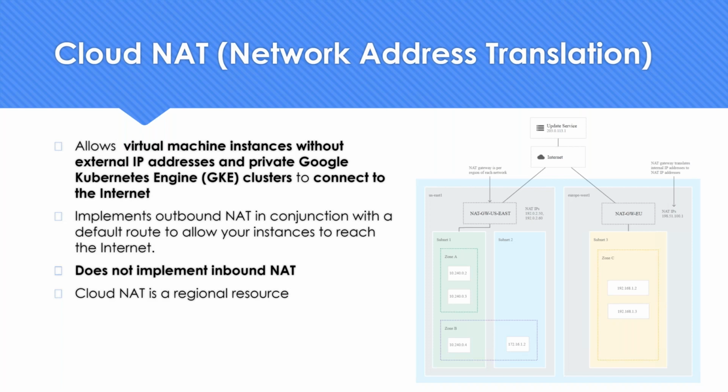Maybe they all need to connect to MongoDB, which is outside of GCP. In that case, you need 3 Cloud NATs, because Cloud NAT is a regional resource. In this case, you see one in US East, one in Europe.